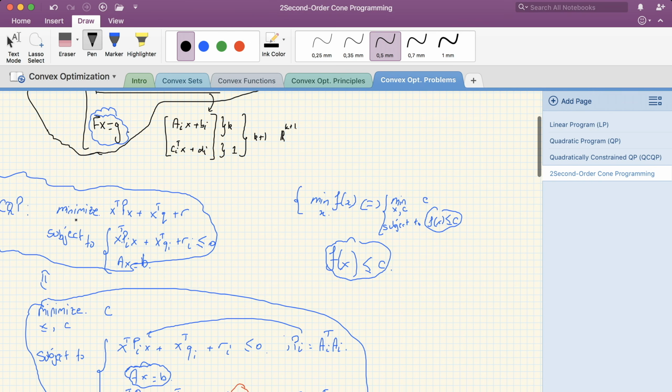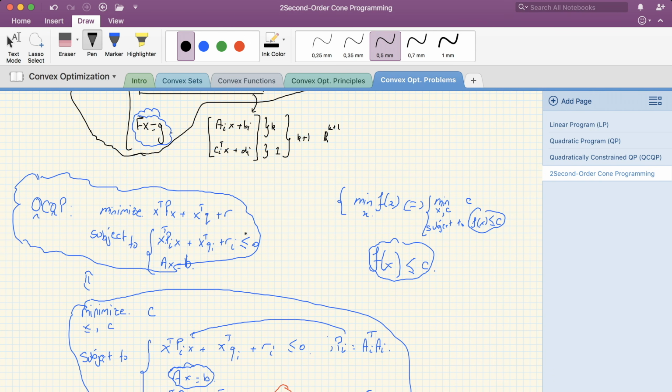Because if we go back to QCQP, you can express this bounding constraint xi less than a by setting ri to minus a, right? And your qi to a vector of all zeros except 1 at the ith position so that it returns xi, right? And just set your pi to 0 and you're good to go, right?